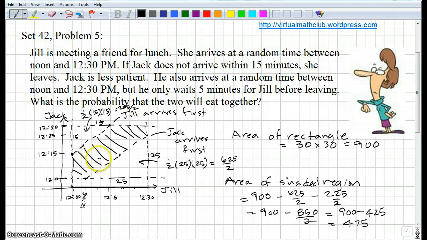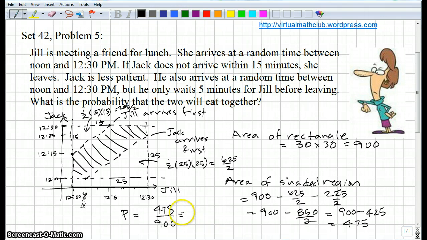Now the probability that they're going to meet is just the ratio of the area of the shaded region where they do meet, versus the whole rectangle, which represents all the combinations of all the possible arrival times. So the probability is equal to the ratio of those areas, so that's 475 over 900. And we can reduce that down.